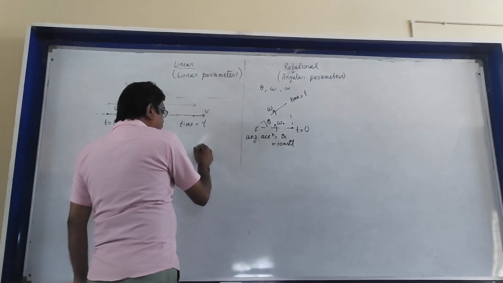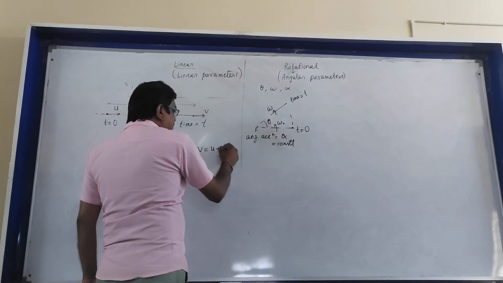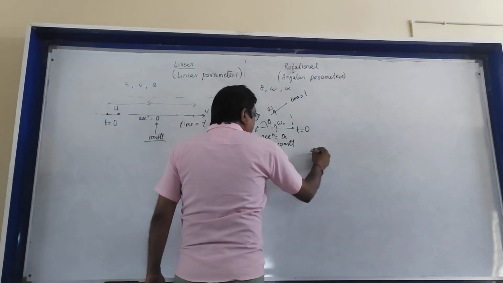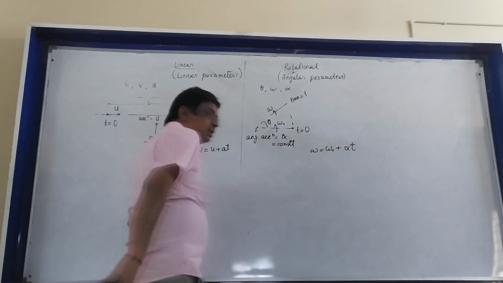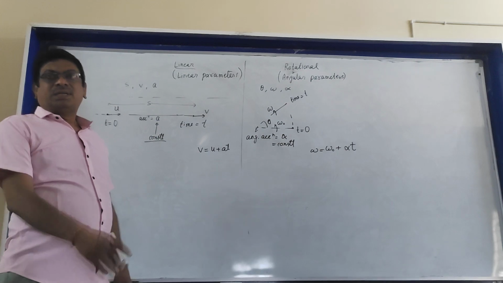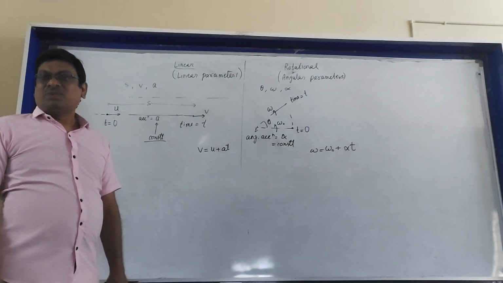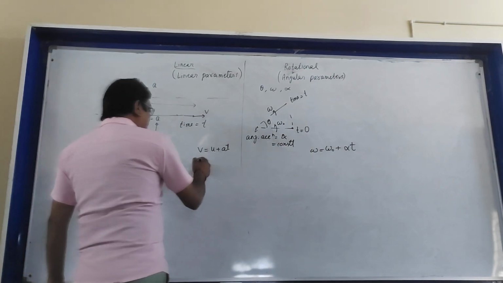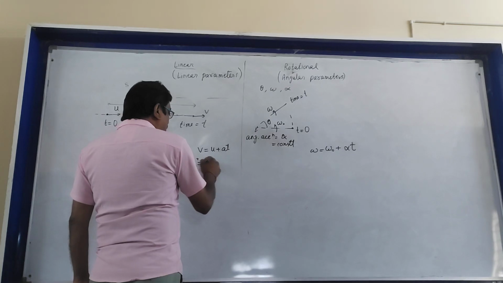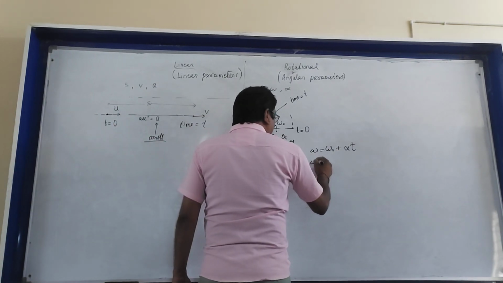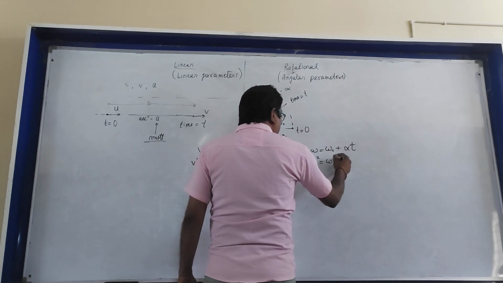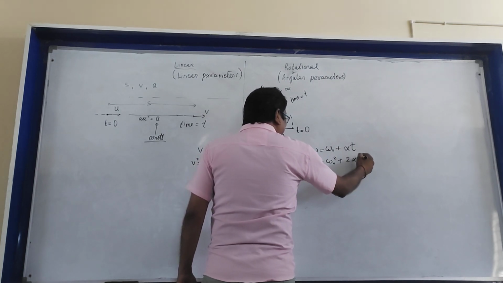One equation we know is v equal to u plus at. Similarly, here we have final angular velocity is initial angular velocity plus alpha t. Time will remain the same. There is no linear time and angular time. Time remains time. Then we have v square equal to u square plus 2as. Similarly, here we have omega square equal to omega naught square plus 2 alpha theta.